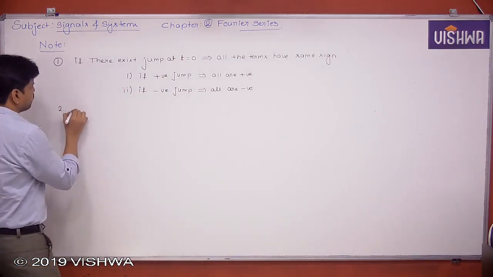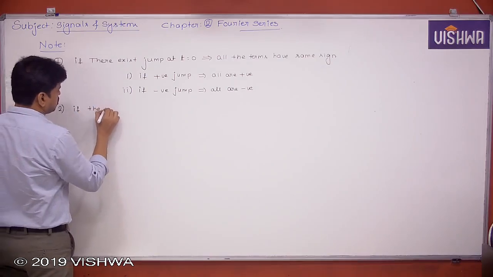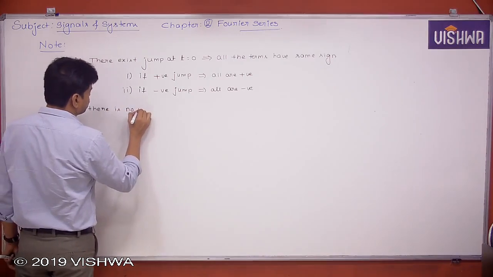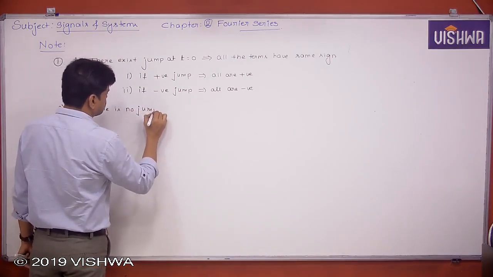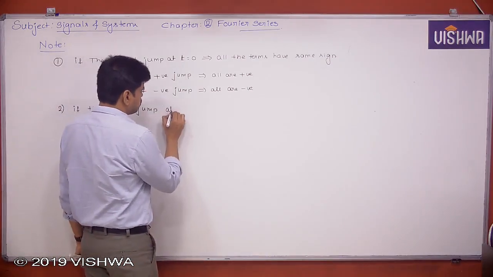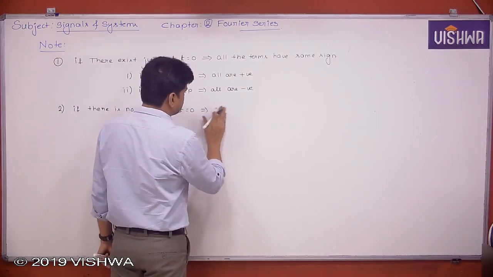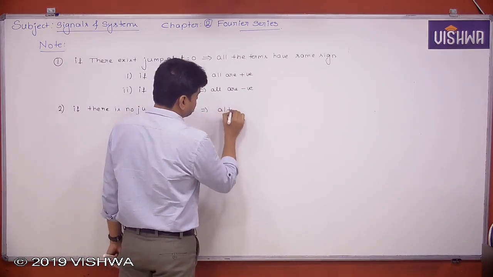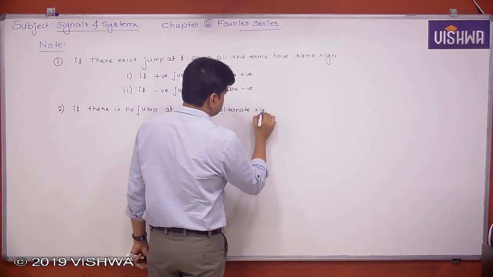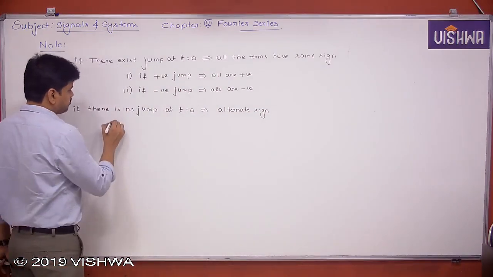Second point: if there is no jump at t equal to 0, then the signs alternate. What do you mean by alternate sign?